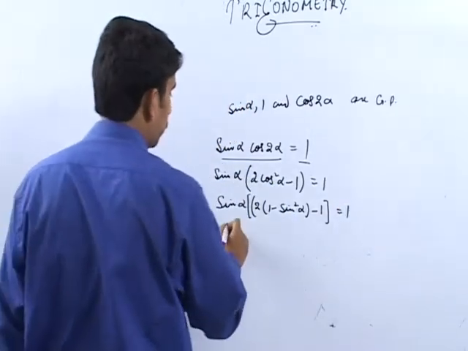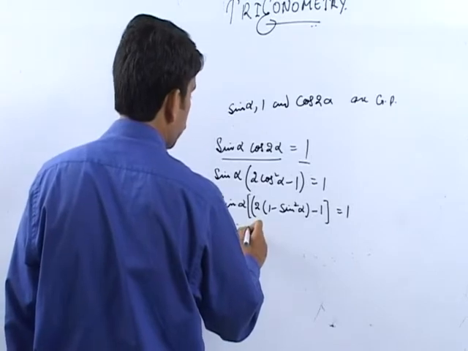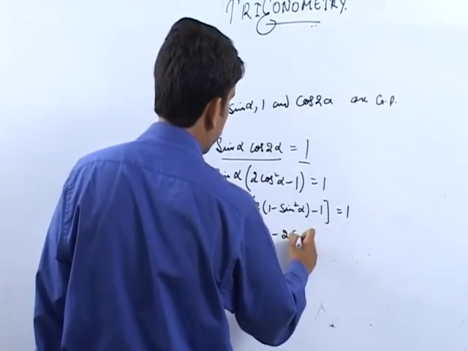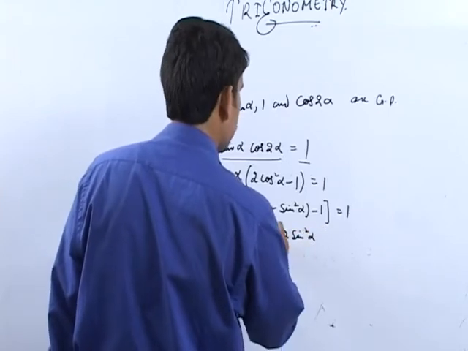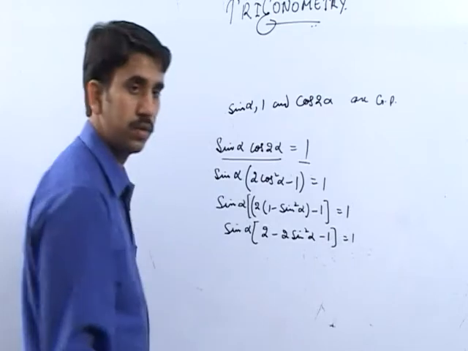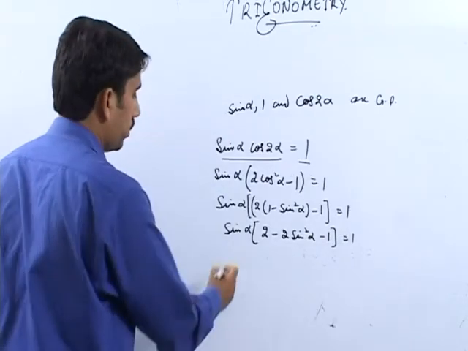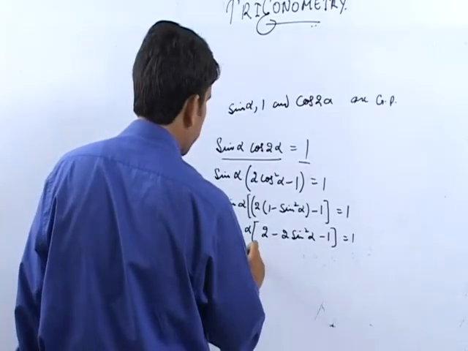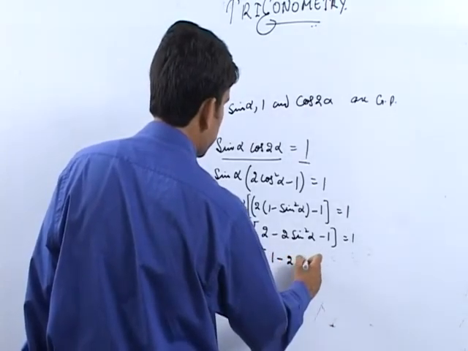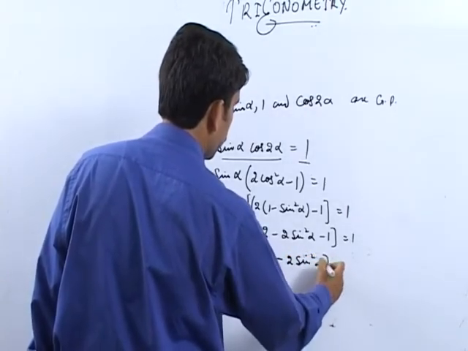This will become sin alpha (2 minus 2 sin square alpha minus 1) is equal to 1, and this will be sin alpha (1 minus 2 sin square alpha) is equal to 1.